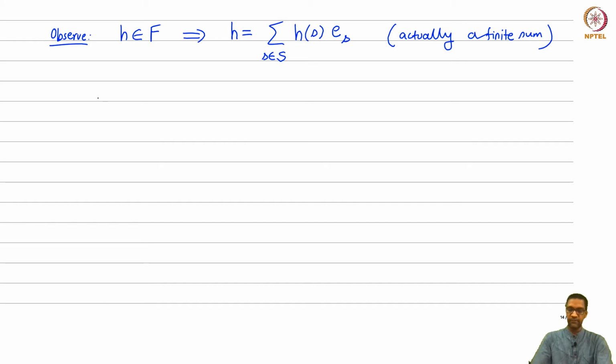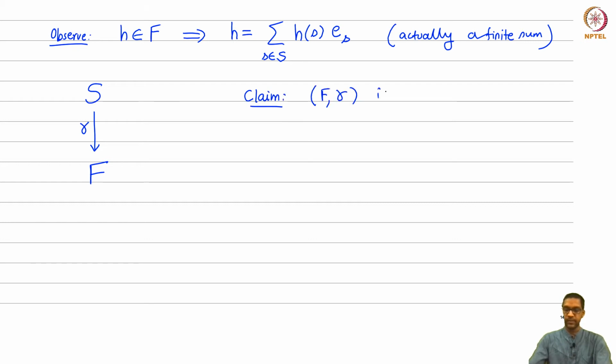Okay, good. So what have we done so far? We had a set S. Now we have defined an abelian group F, and we have defined a set map from S to F. Now let's show that this in fact has the universal property that we need.